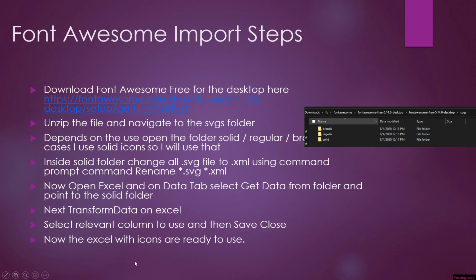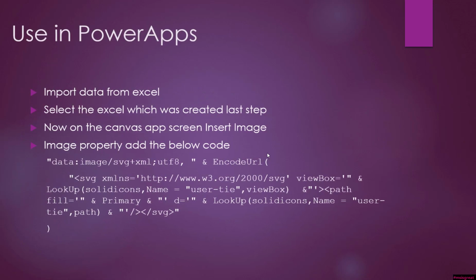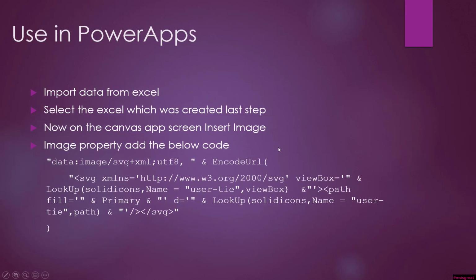So all these steps have been completed now. Now let's move on to the next step, which is how to consume it within your PowerApps. To use it within your PowerApps, you have to import the same Excel which is already there, and select the icon or insert it as an image and then import the code. This is the step which I'm going to show you now.